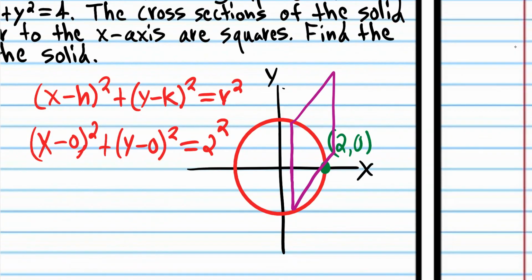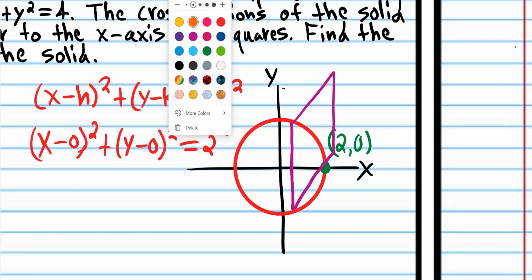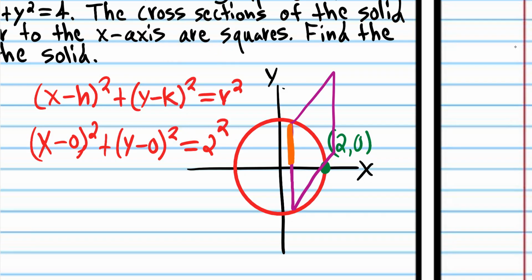Before we do that, we're going to find this orange y value, and then we're going to double that y value, and that will give us the base of this square.